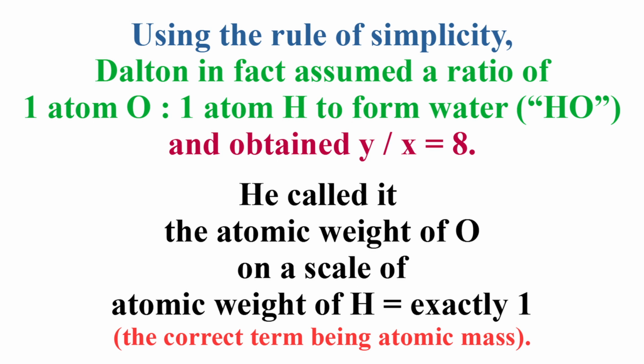Using the correct ratio of 2:1, the atomic mass of oxygen is as obtained above, 15.87 as per Dalton's standard, namely the atomic mass of hydrogen is exactly 1. Dalton assigned no unit for atomic mass.